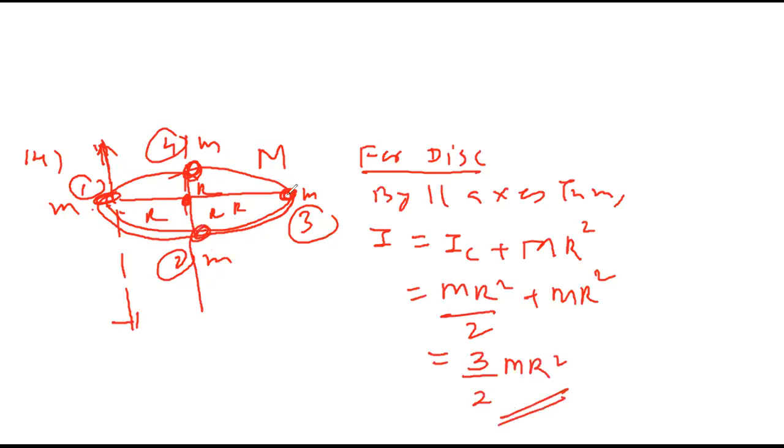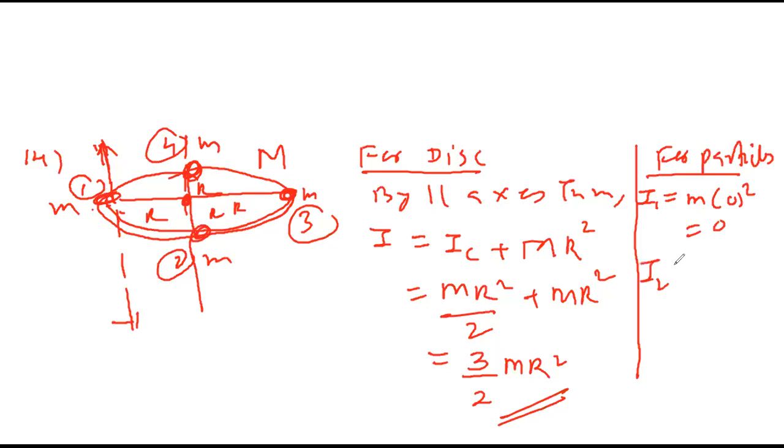But along with this, we have four particles. Let us see what the moment of inertia will be for the particles. For the first particle, the distance from the axis is 0, so it is m into 0 square, that is 0. For the second particle, the axis is perpendicular, imagine it coming out of the screen.